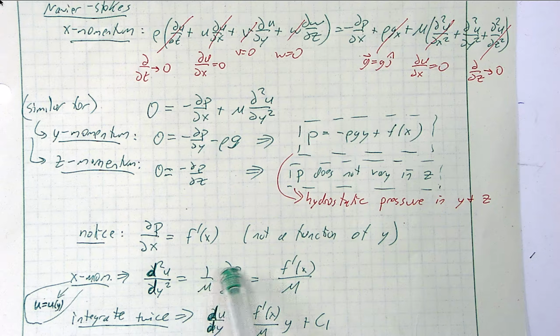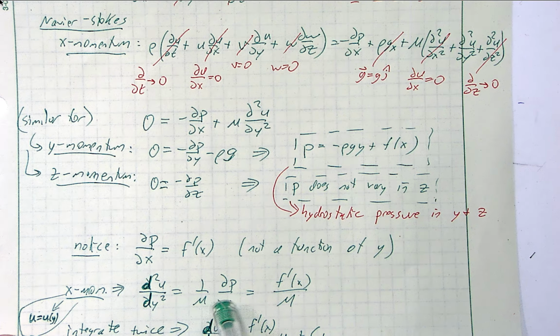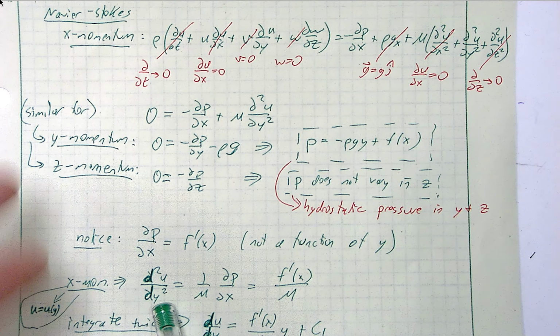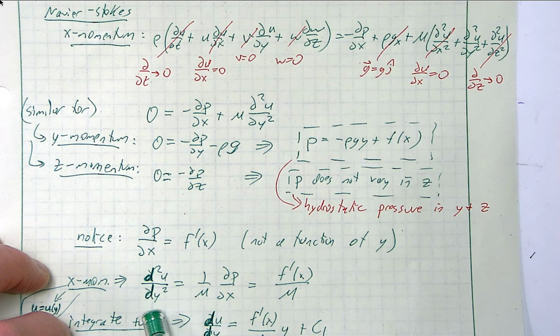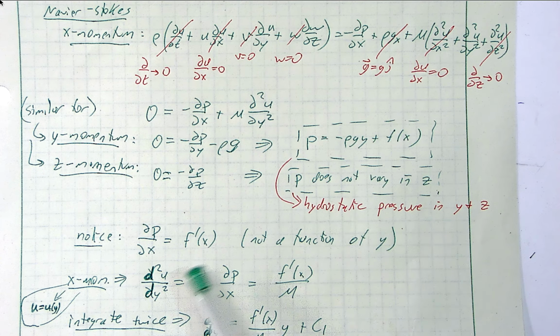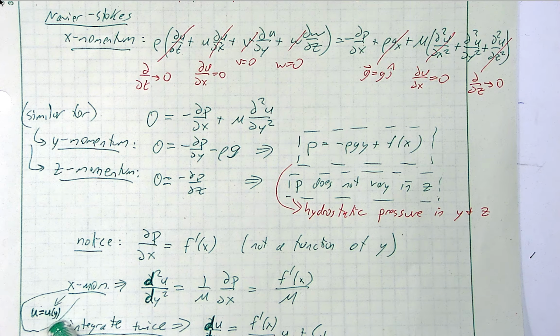So we pull the pressure gradient to the other side, so dp dx, and divide through by the viscosity, and we're left with this differential equation here. Well, this is on the left-hand side. We might want to integrate this in y, and we're going to have to integrate it twice. But we know now that, first of all, our velocity can only be a function of y.